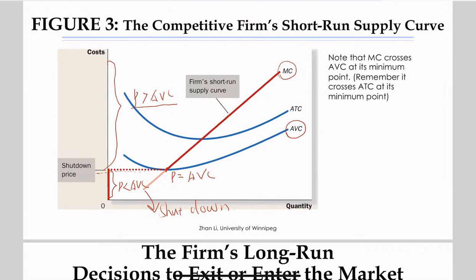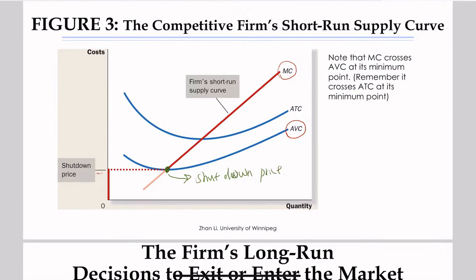So if price is larger than this average variable cost, then the supply curve will be the same as the marginal cost curve, right? So essentially, this is the lowest point on this AVC curve.